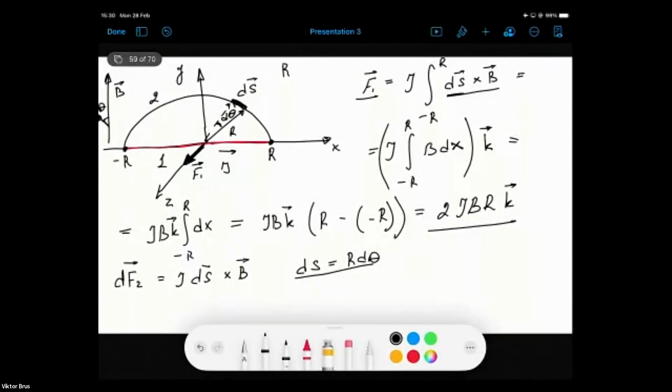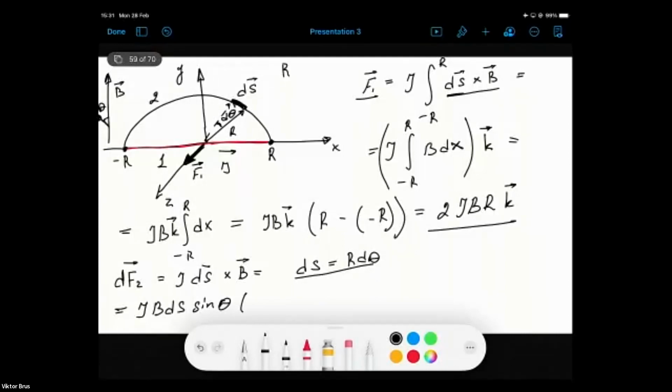This angle will change, so that should be taken into account. That's why we can just continue here. So it will be electric current times magnitude of magnetic field times magnitude of ds vector times sine theta, the angle between two vectors.